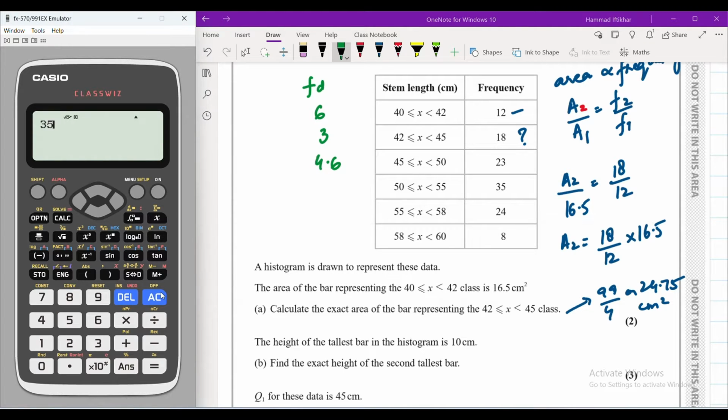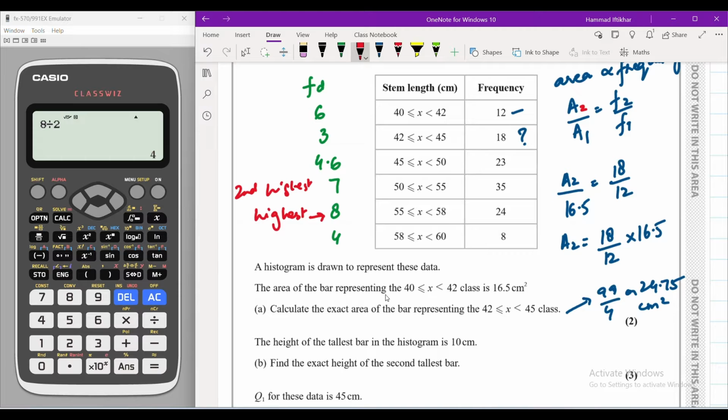Then 35 divided by 5, 7. Then 24 divided by 3, 8. And 8 divided by 2, 4. So the highest is going to be this class. The second highest is going to be the 7.